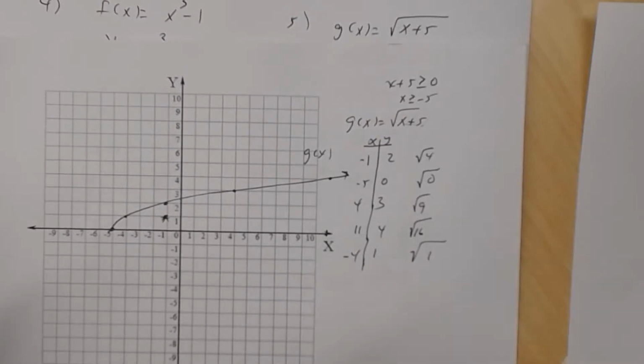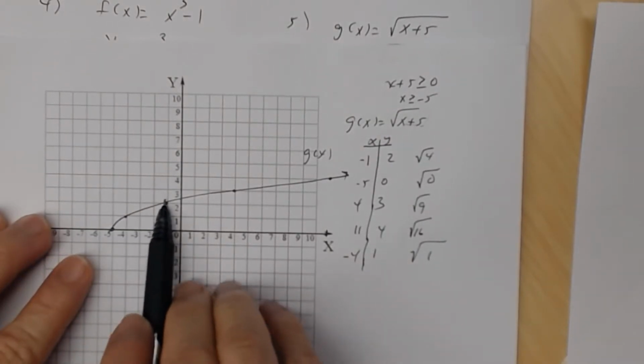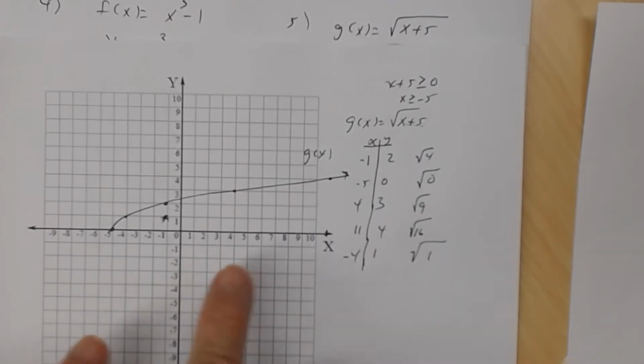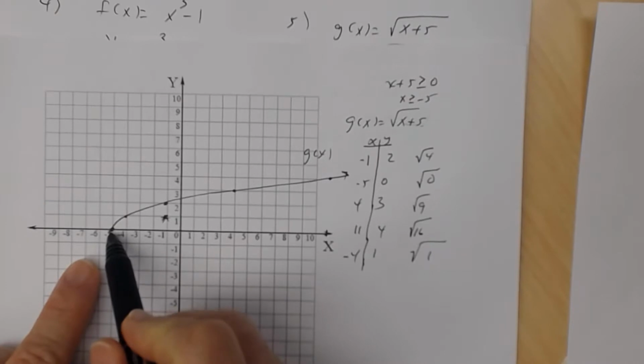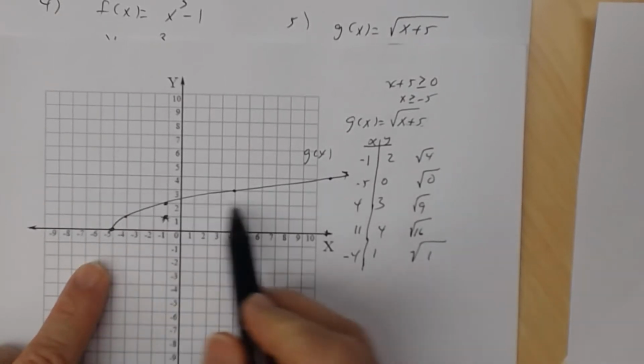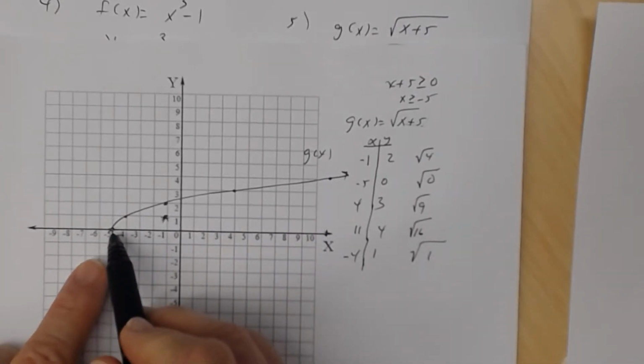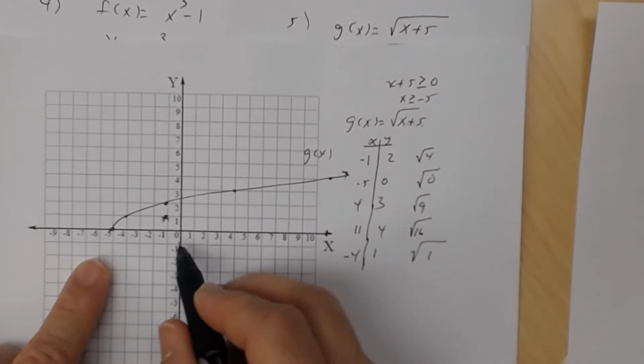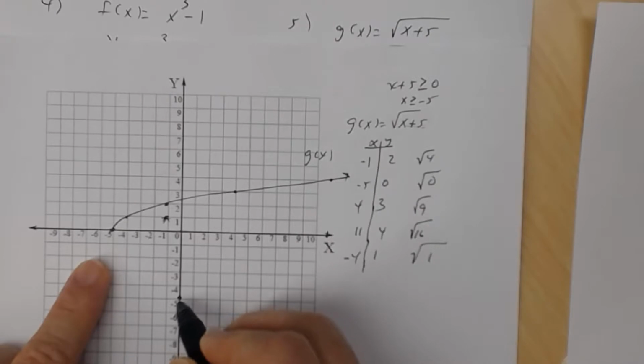All right, so remember what we did. All these coordinates here we reversed, we interchanged, and we plotted them. So in other words, if negative 5, 0 is on g of x, remember it is a 1 to 1 because this passes the horizontal line test, then 0, negative 5 is on the inverse.